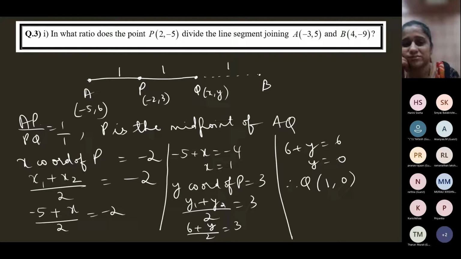You're right. You can take the line segment PB. Q is the midpoint of PB. So take the ends as P and B and find Q. We'll also do that.